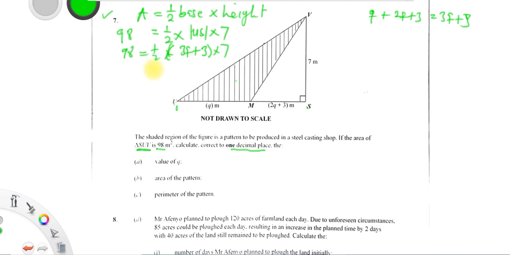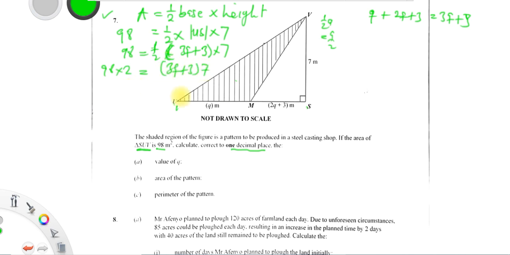If you have one half times a whole thing, it is the same as the whole of it over 2. So multiplying by 2, you get 98 times 2 is equal to 3Q plus 3 times 7.